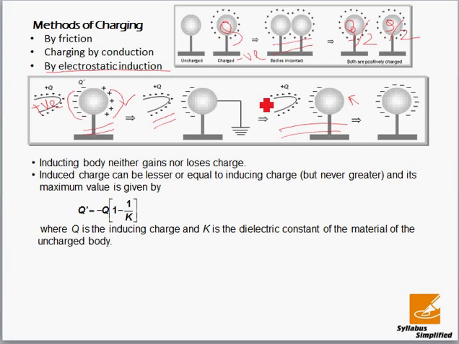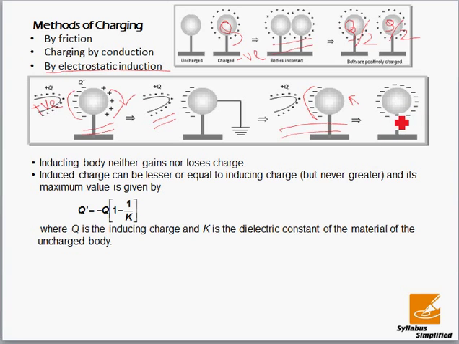Now if we move this rod away from the charged body, then what will happen? These free electrons which were being attracted by the rod, when the rod is removed, will get evenly distributed in the wall. Why will they get evenly distributed?